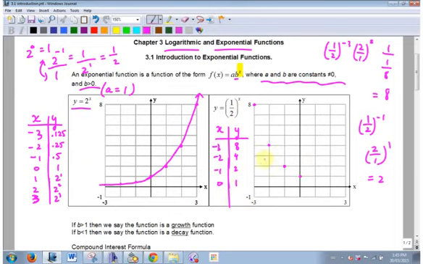See a little pattern here between this graph and this graph? Positive 1. 1/2 to the 1 power is a half, right? 1/2 squared, excuse me, is 1 squared over 2 squared, which is 1 over 4, which is also known as a quarter.